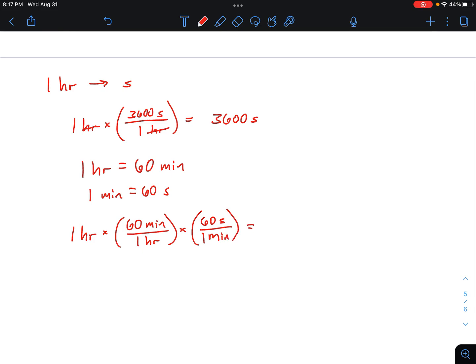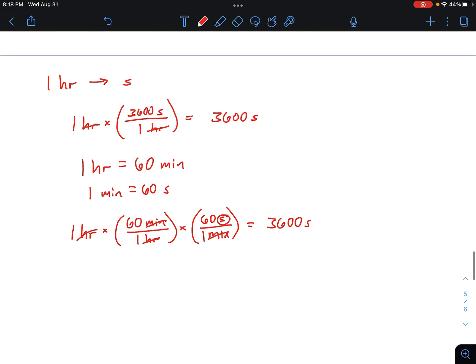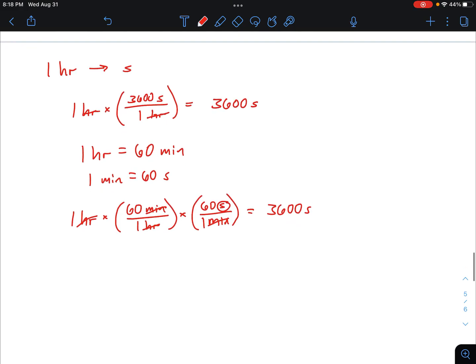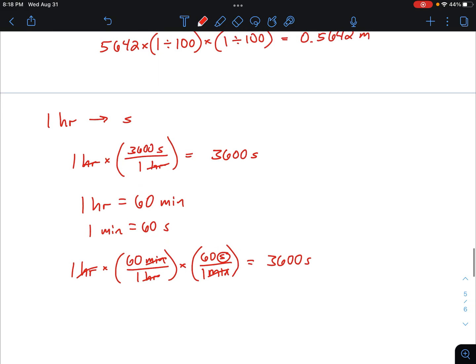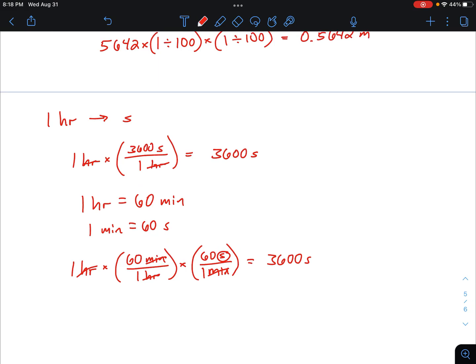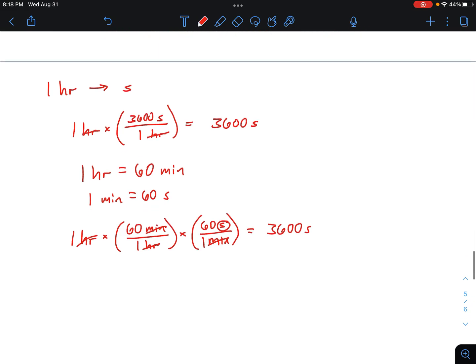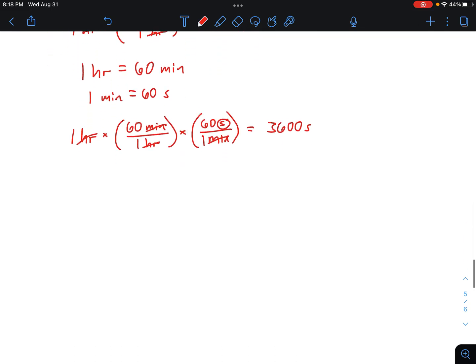So 1 times 60 times 60 is 3,600 seconds. Notice the hours cancel, then the minutes cancel, and I'm left with seconds. I'm not going to give you anything that complicated in your quiz next week, but that's a nice example of how we can stack some conversion factors on top of each other.